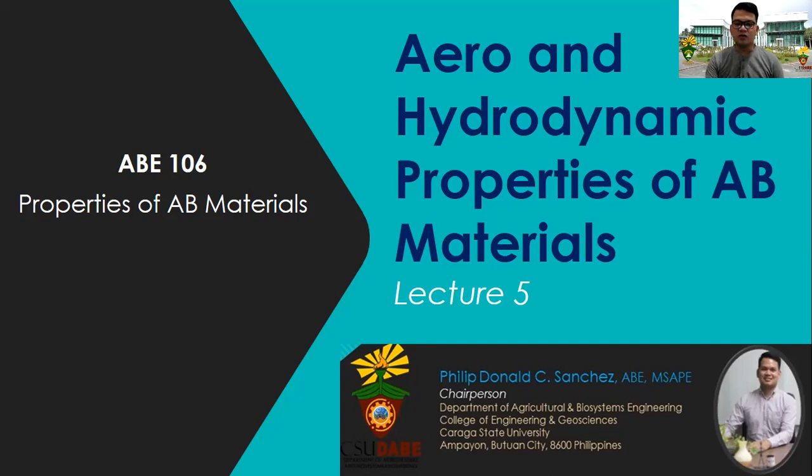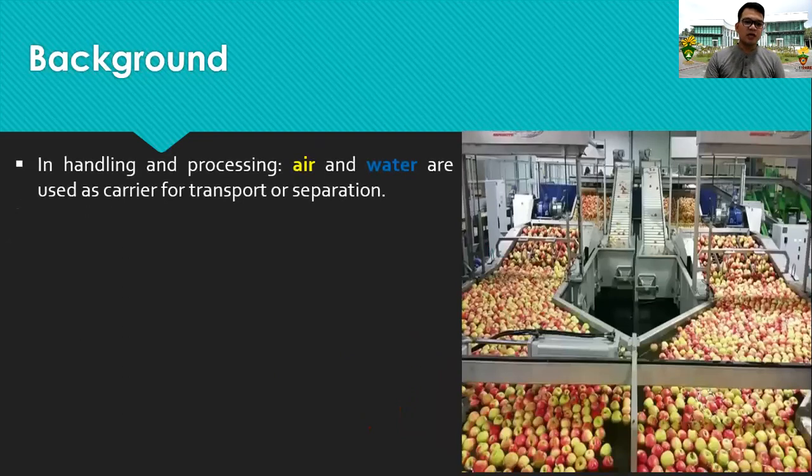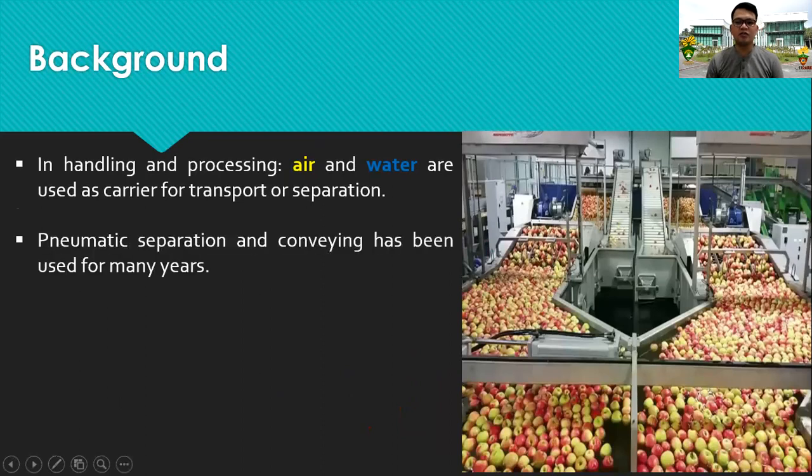So the water and air properties are also important in agricultural and food products. In the handling and processing of agricultural and food products, air and water are used as carrier for transport or separation.